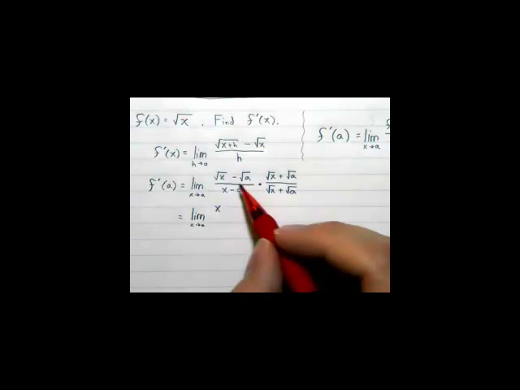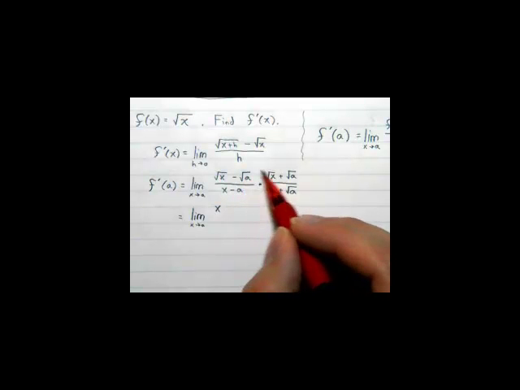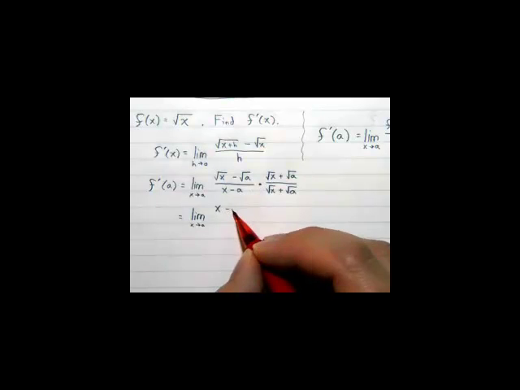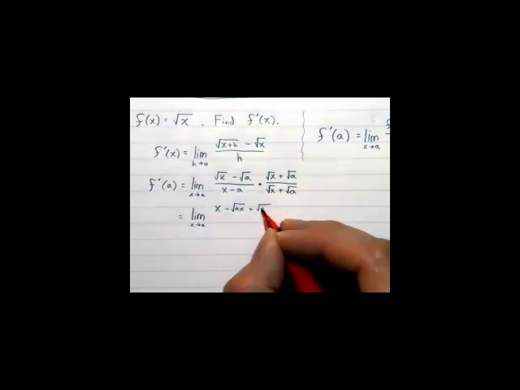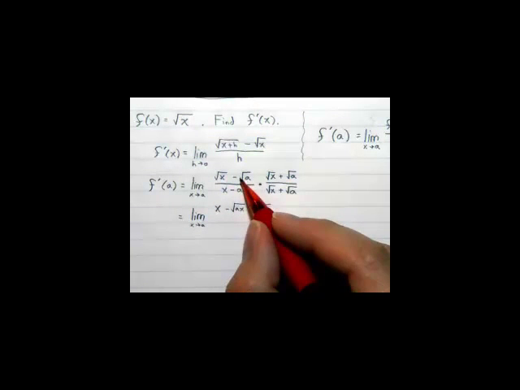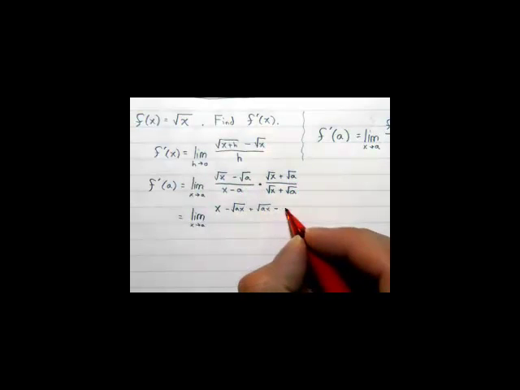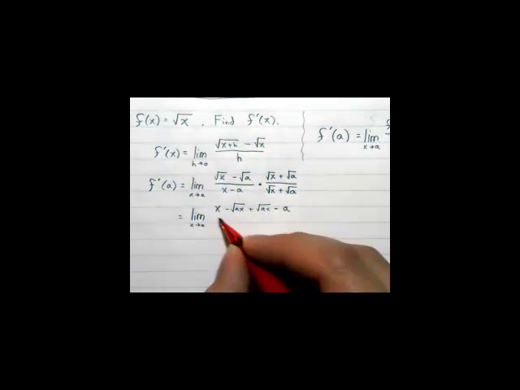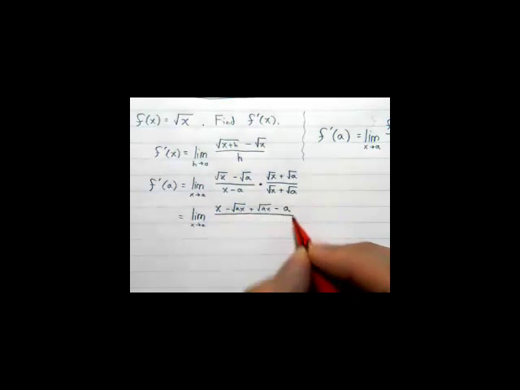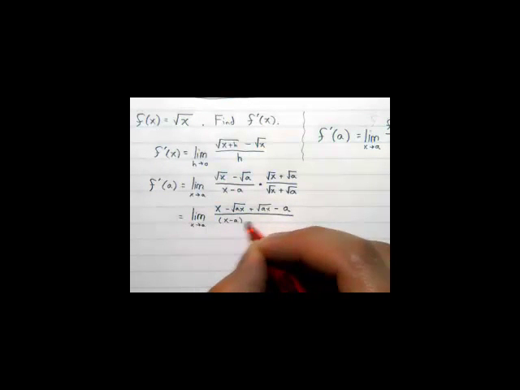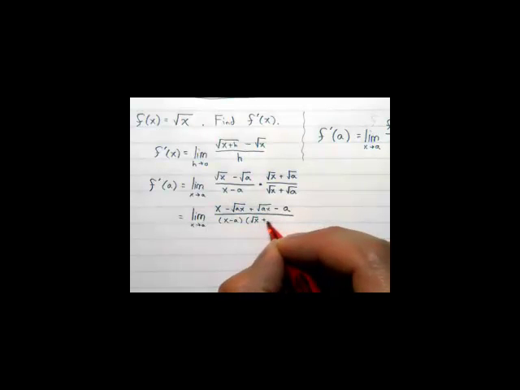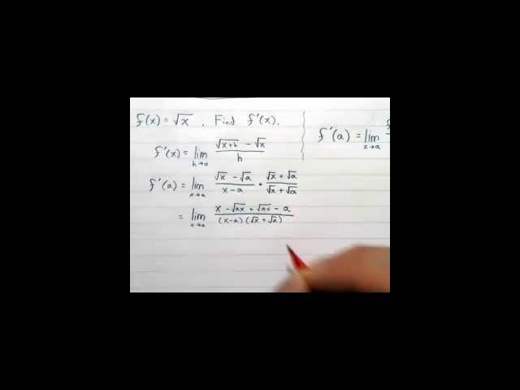And then you're going to have negative square root of a times square root of x, so minus square root of ax, and then you're going to have square root of x times square root of a, so plus square root of ax, and then square root of a times square root of a is just a. And then on the bottom, x minus a times square root x plus square root a. I'm not going to multiply those together just yet, and I'll show you why in the next step.